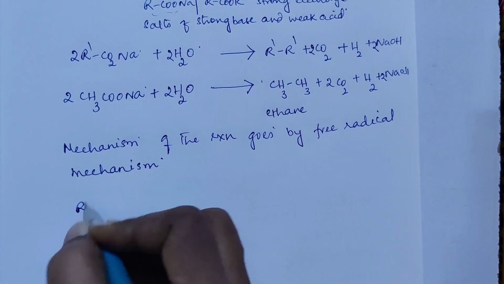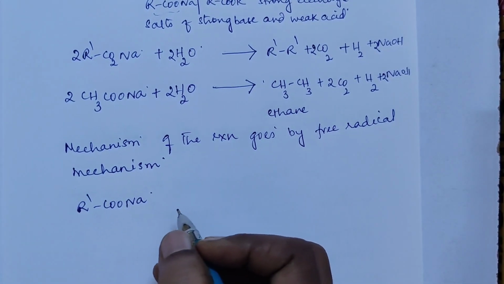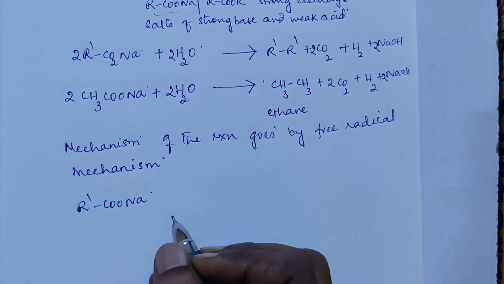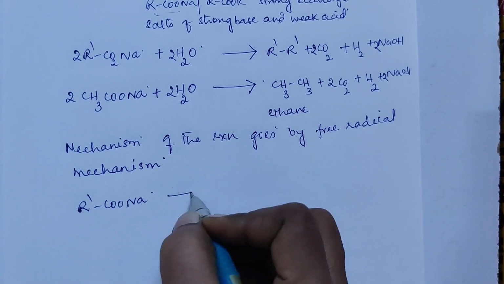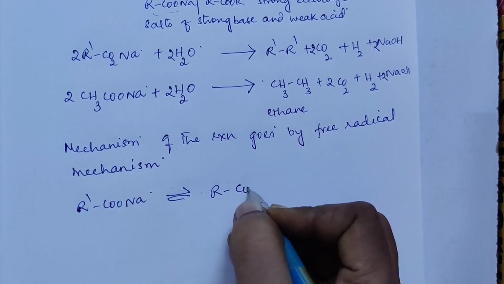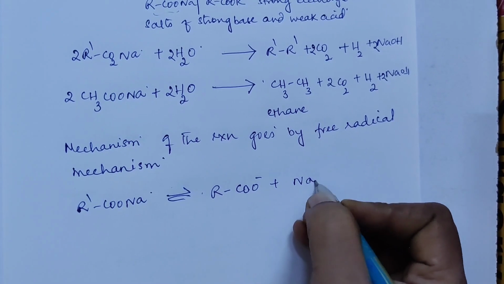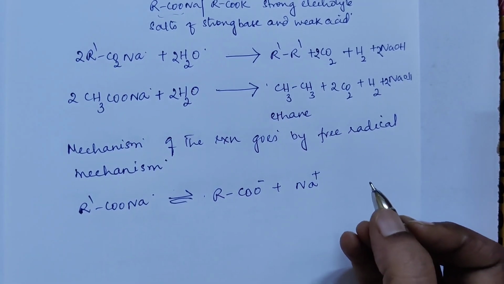RCOONa, this is the general formula of sodium salt of carboxylic acid, will ionize as RCOO minus and Na plus.